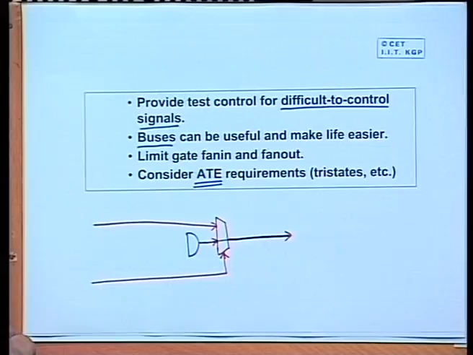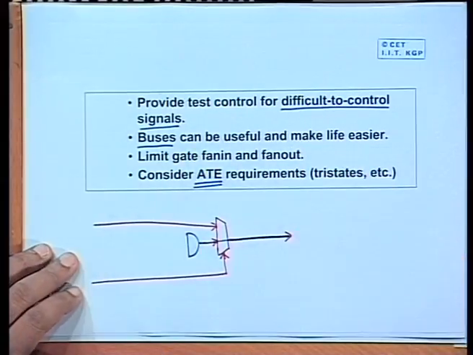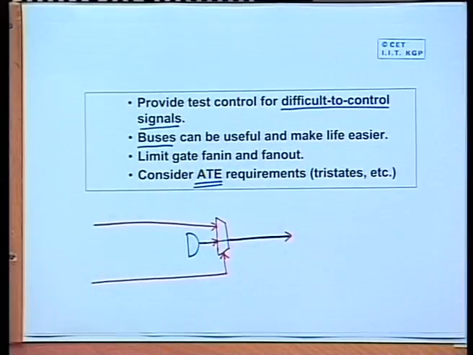So, these are some design rules which you can enforce, and the resultant circuit will be easier to test. But as you can see, these are all ad hoc kind of rules. Even if you follow these rules, you cannot really quantify how much easier it will be to test.